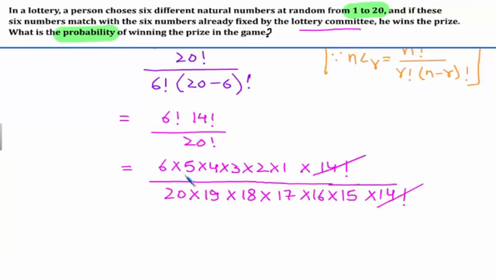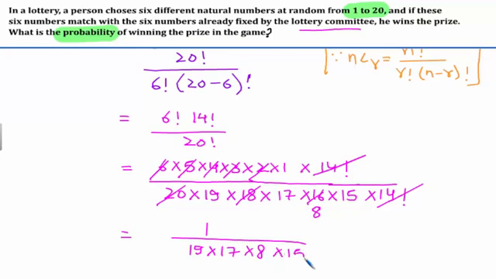Now let us simplify it further. 5 4s are 20. 20 cancels out with 20 in the denominator. Now 6 into 3 is 18. So this cancels out with 18. And 2 8s are 16. So we have 1 divided by 19 into 17 into 8 into 15.